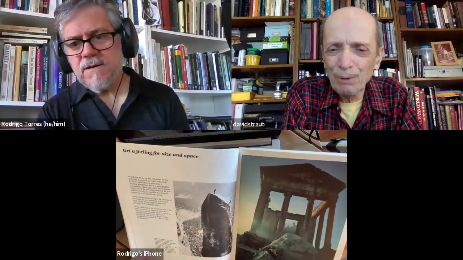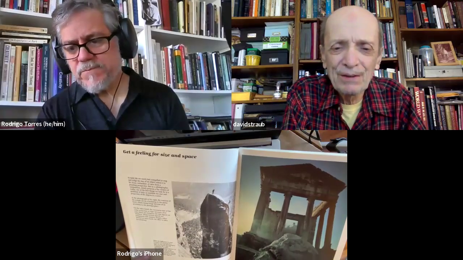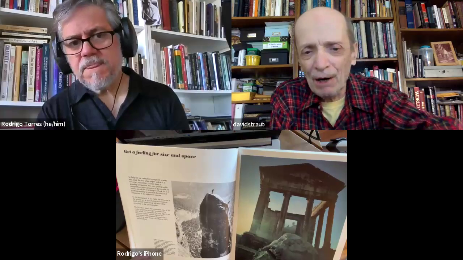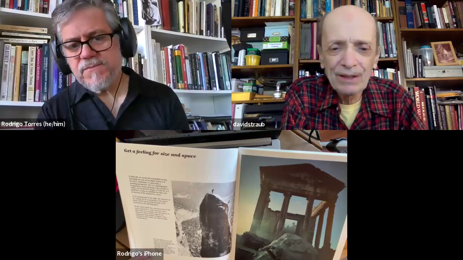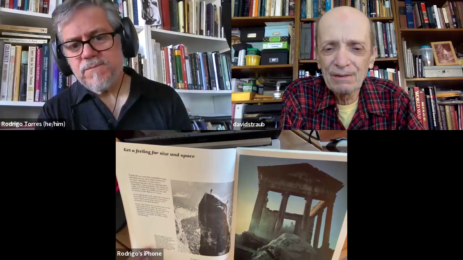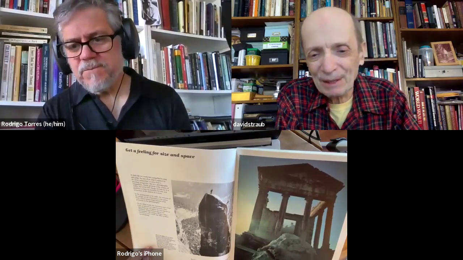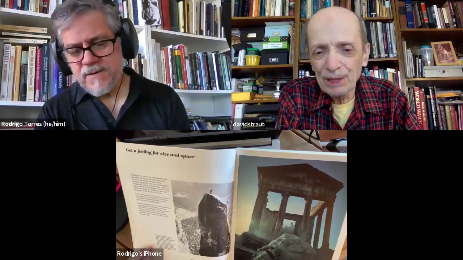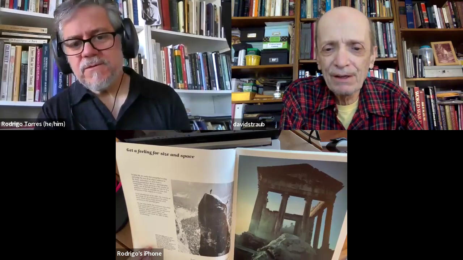Yeah, scale is very important. As you can see in that picture on the left, if it didn't have the characters standing there, you'd have no idea how big this is. It would just be a pure pattern.